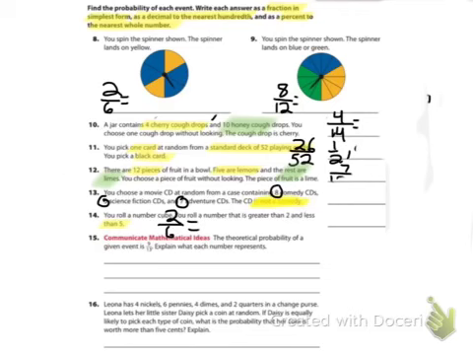Now 15, the theoretical probability of a given event is 9/13. Explain what each number represents. Okay, so we have 9/13. What does each number represent? Well, the bottom number, which here is 13, so let's start with 13, represents, and I'm just going to simply put equals because it's easier, the total number of equally likely outcomes.